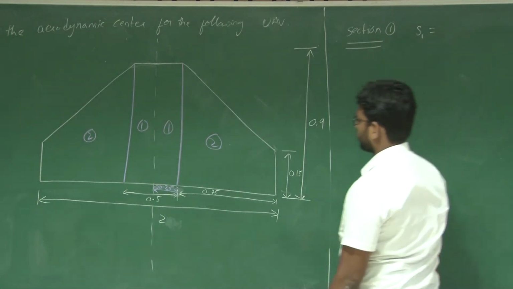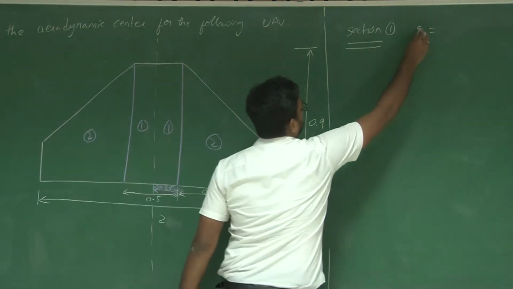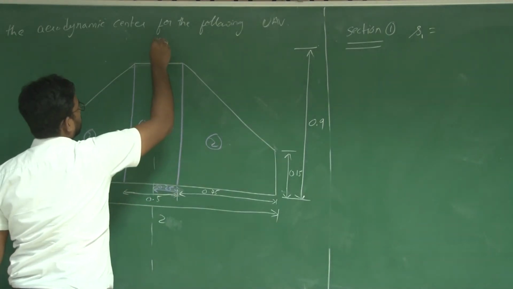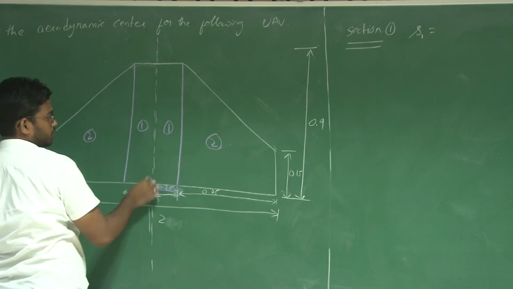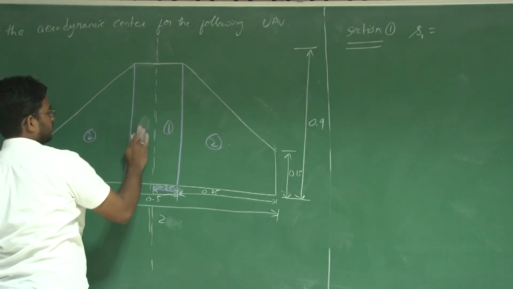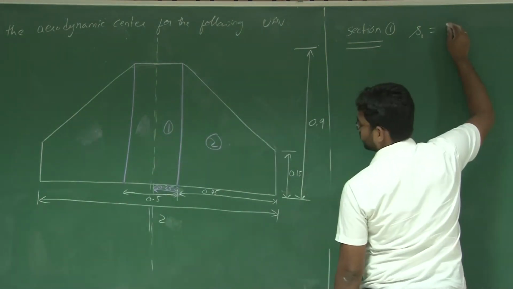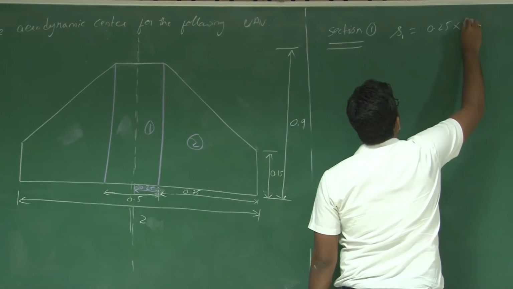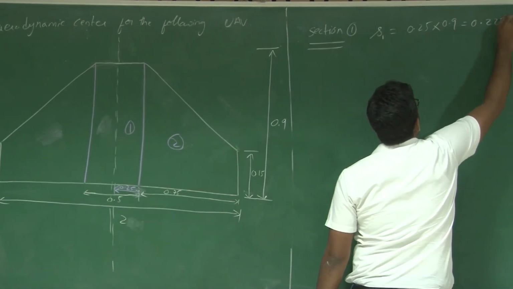Let it be small S1, which corresponds to only this particular half. The area that we are going to talk about corresponds to only this particular half. So S1 here is 0.25 times 0.9, which is 0.225 meter square.